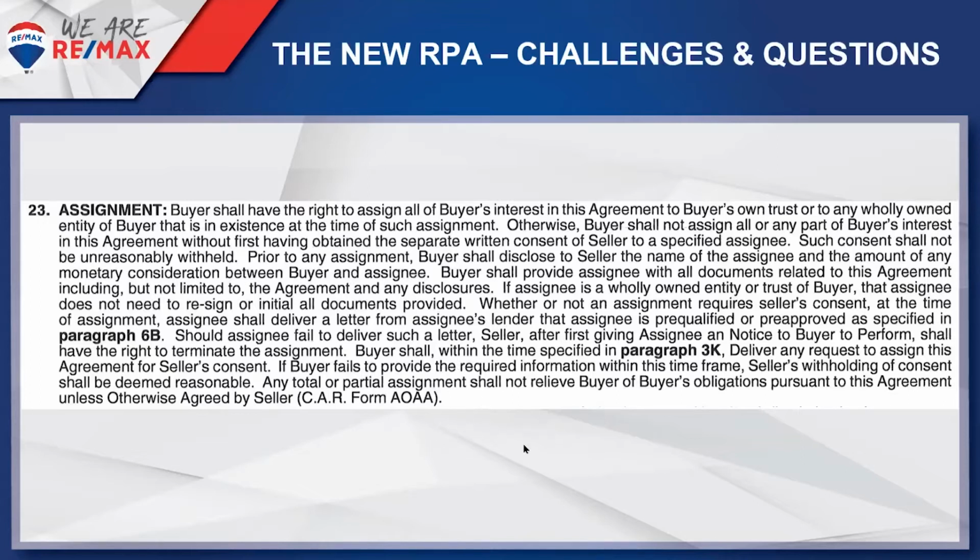Okay, now the buyer must provide all the documents to the assignee, and the assignee must re-sign everything. And that's critical. And that's good to be in the contract, because we've required that for a long time. And sometimes we got pushback from the other side, the buyer's side, when we didn't represent the buyer's side. And here's a point I want to make also. Escrow will sometimes say, oh, don't worry about it.